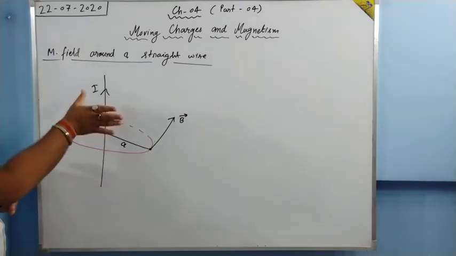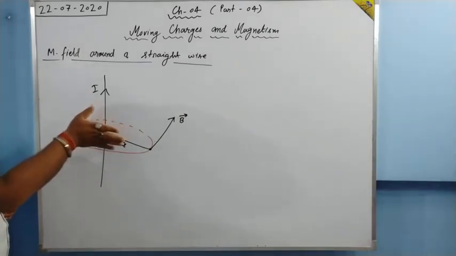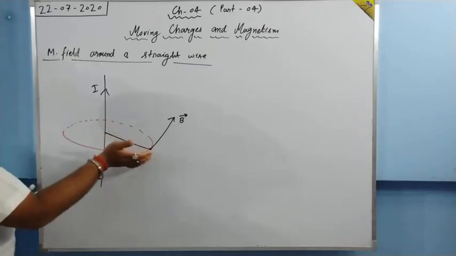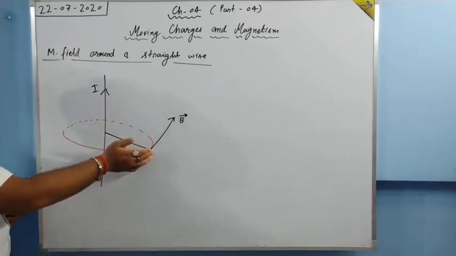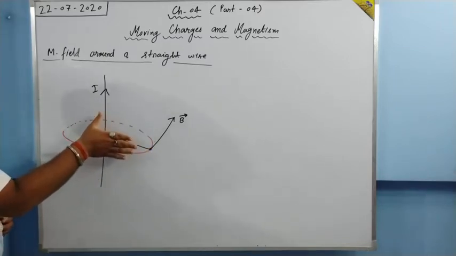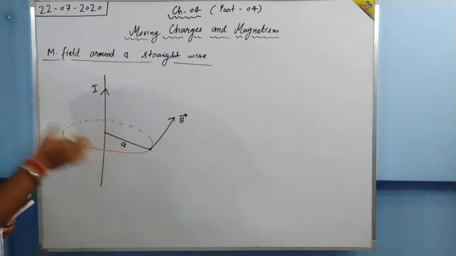Thumb in the direction of current and all the other fingers point towards the direction of the point at which magnetic field is to be calculated. So suppose if I am getting like this, the magnetic field is perpendicular inward, right? Magnetic field is perpendicular inward.